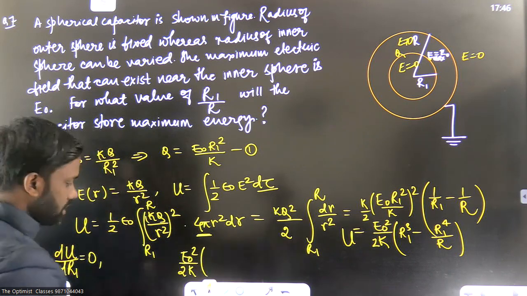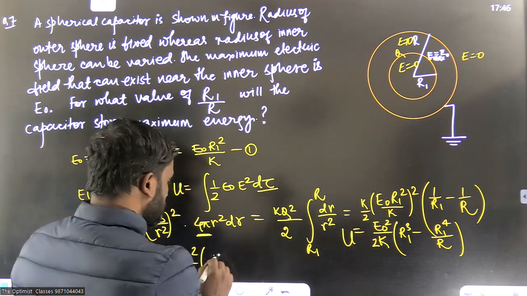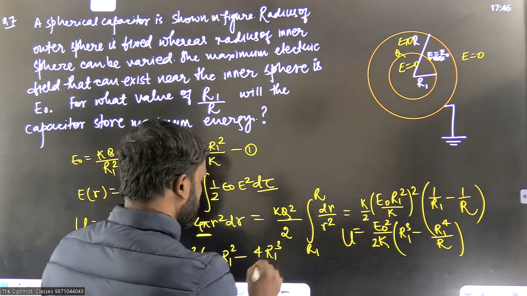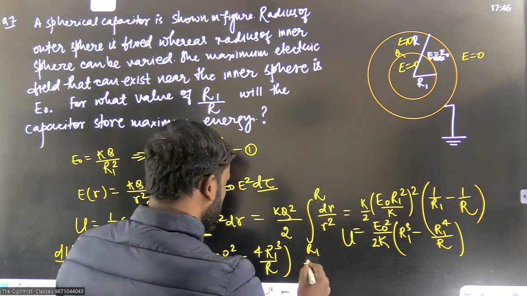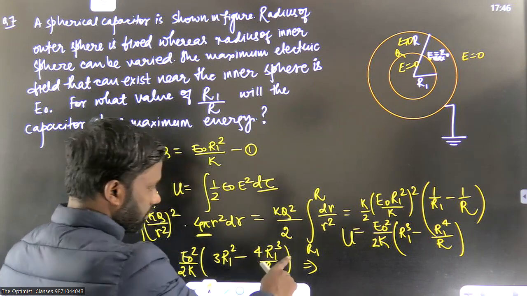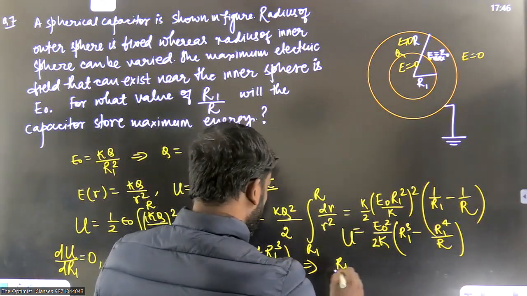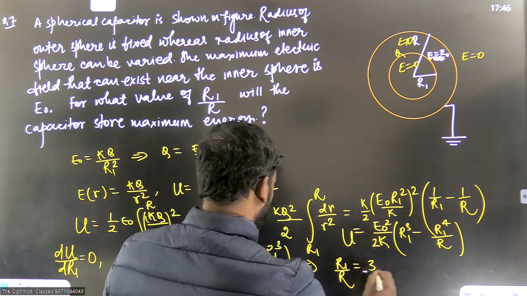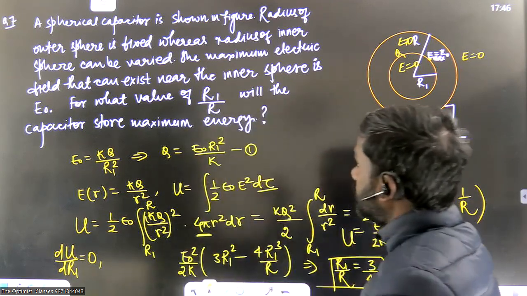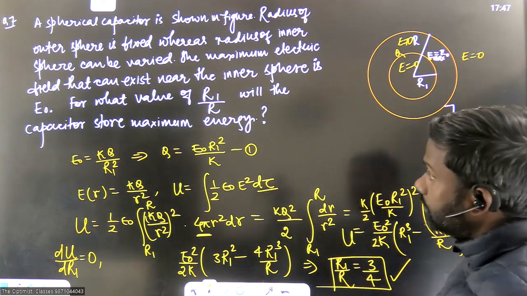We are applying the condition of extrema, so you get 3 R1 square minus 4 R1 cube divided by R. The R1 square term will cancel out, so from here we get R1 by R is equal to 3 by 4. That's the answer. We were to calculate R1 by R, and we have gotten that value, which is 3 by 4.